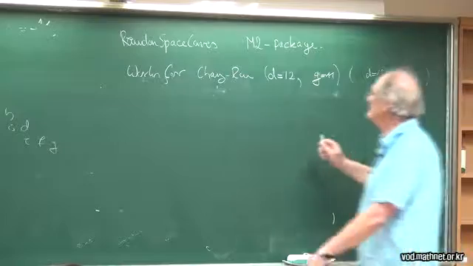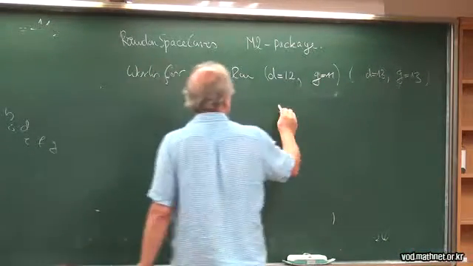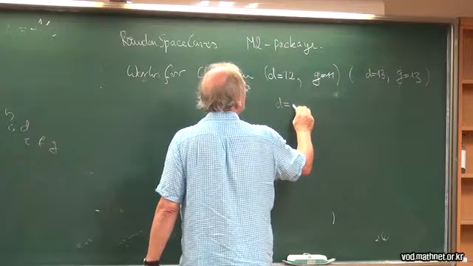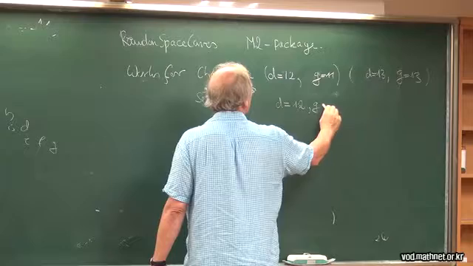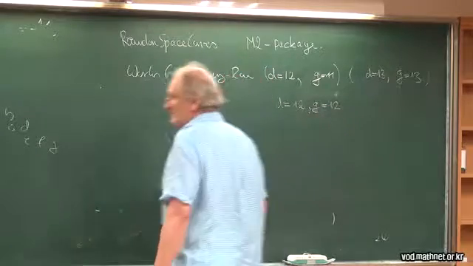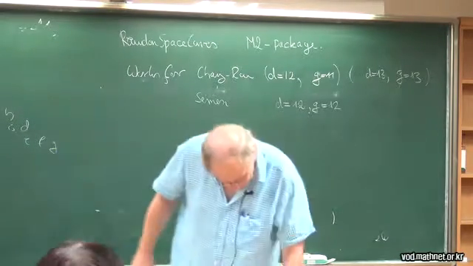And then there's also this one for Sernesi, which is degree 12 and genus 12. I did a slightly different example. What did I do?